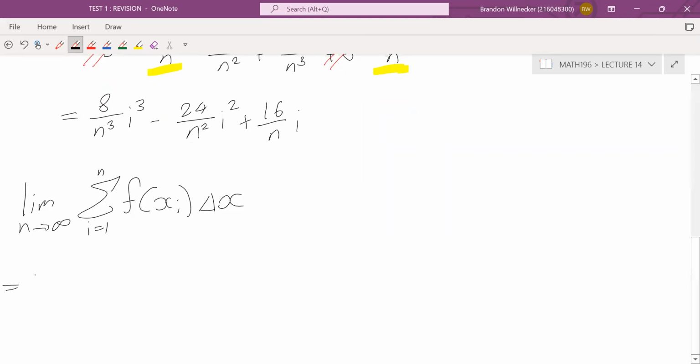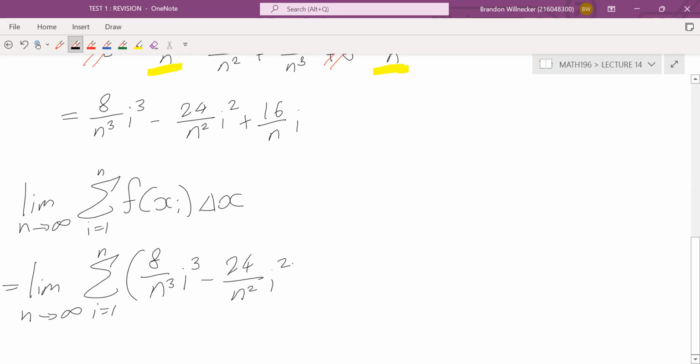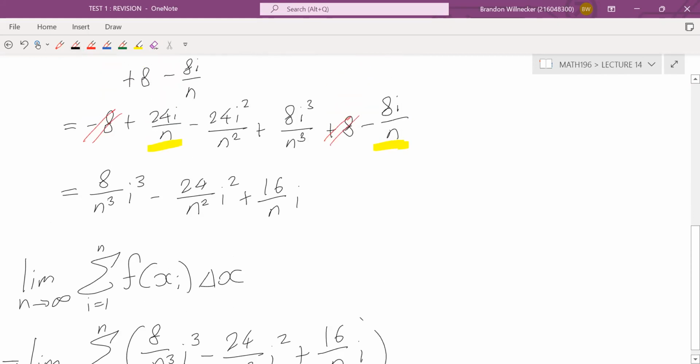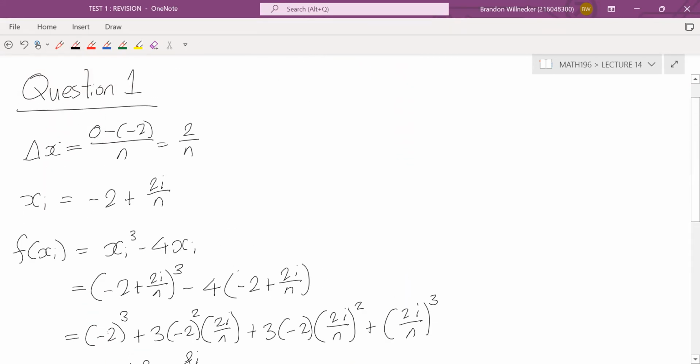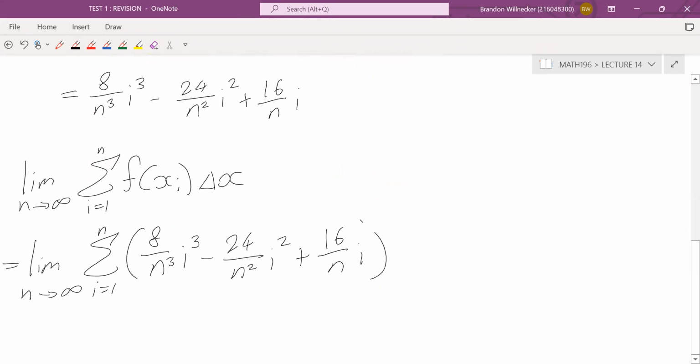So this is the limit as n goes to infinity of the sum from i equals 1 to n of f of xr, which we just found: 8 over n cubed times i cubed minus 24 over n squared i squared plus 16 over n i. And don't forget your delta x, which was 2 over n, so we need to multiply everything by 2 over n.